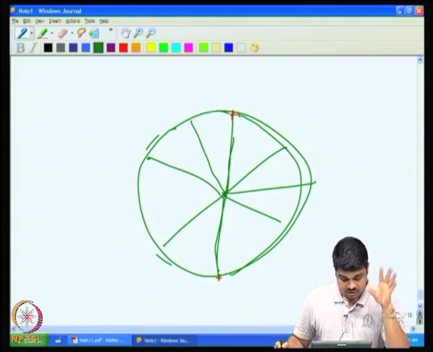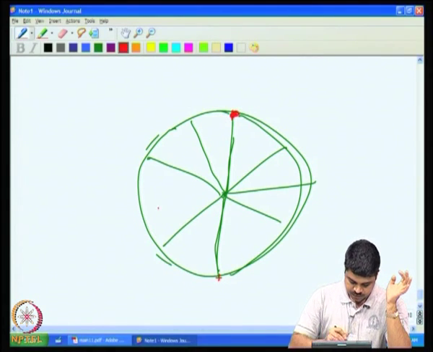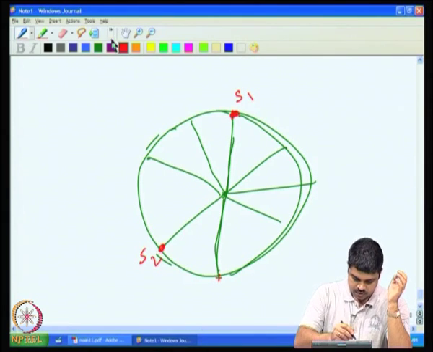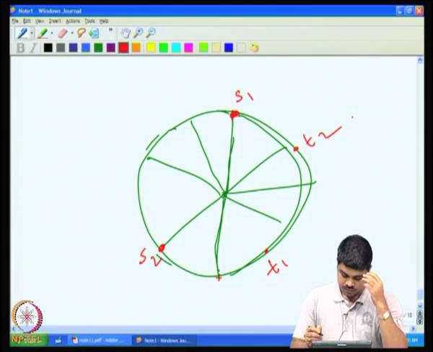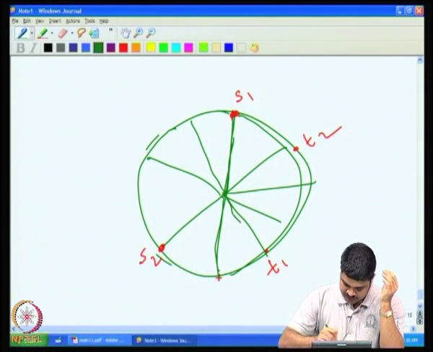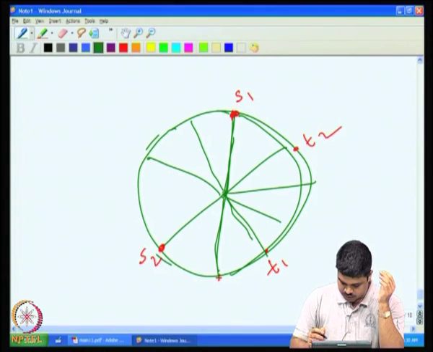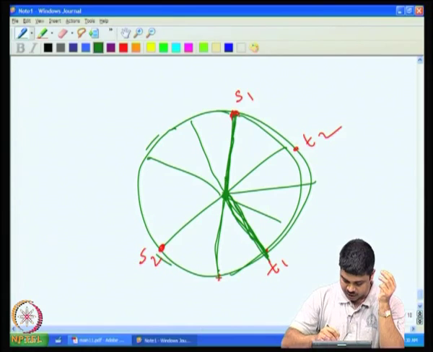Of course, it is not 3-linked, it is not even 2-linked, because you can take this S1 and S2, and then as usual we can take our T1 and T2 here. What will you do? Of course, we can try to make use of the central vertex, but it does not help, because if S1 to T1 uses the center, the center is not available for the other pair anymore.